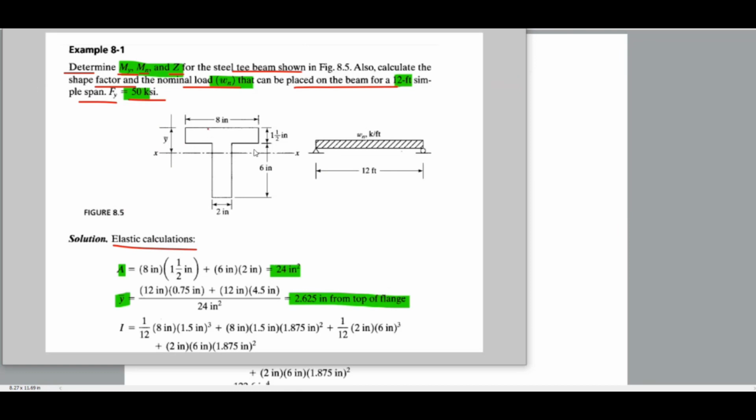Area is 8 inch by 1 inch, correct, and 6 inch by 2 inch, this is also correct. Y bar equals 12 inch squared into 0.75 plus 12 inch squared into 4.5, divided by 24 inch squared. That is the area.